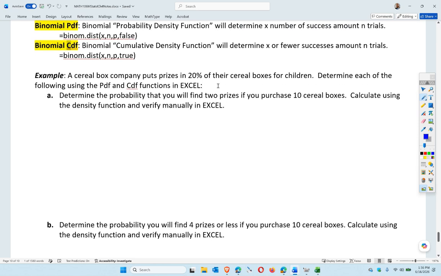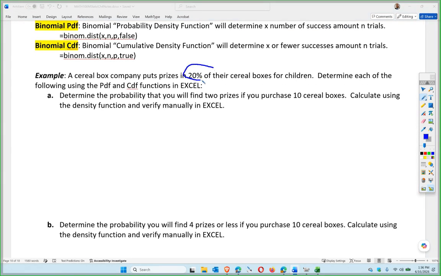Okay, so let's say we have boxes of cereal that have prizes in them, and 20% of them have a prize in them, correct? Okay. What's the probability of finding 2 with prizes if I buy 10 cereal boxes? So P of 2 is what I want to figure out, essentially. The probability of 2. Okay? All right. So the number of trials is 10, right? We want to have 2 successes.